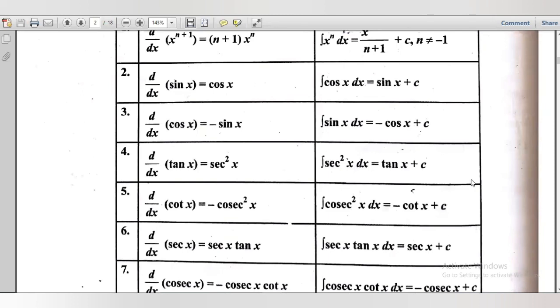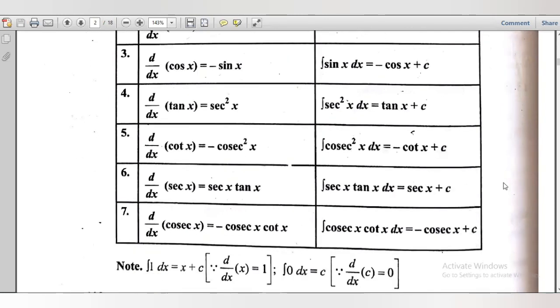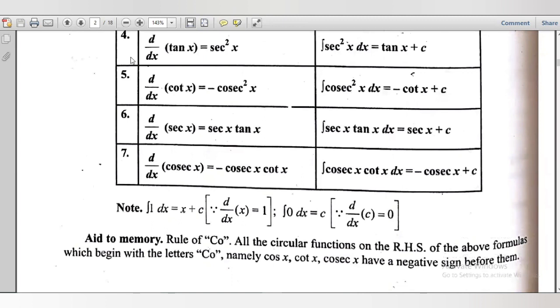And here we have more formulas, so try to complete all of them. One more thing: the derivative of x is 1, that's why the integral of 1 with respect to x is equal to x plus c. You can memorize that, and the integration of 0 dx is equal to c. As we know, the derivative of a constant is 0.